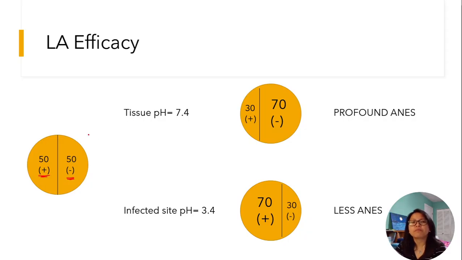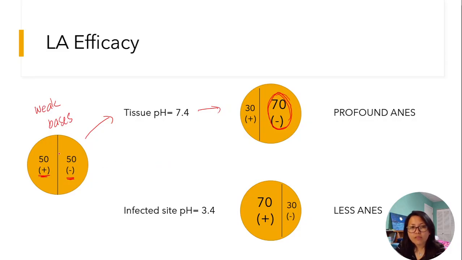Now, when this local anesthetic is injected in a tissue with a pH of 7.4, what happens is that there would be a greater number of unionized molecules in your local anesthetic because of the difference in the pH. Remember we said our local anesthetics are weak bases.